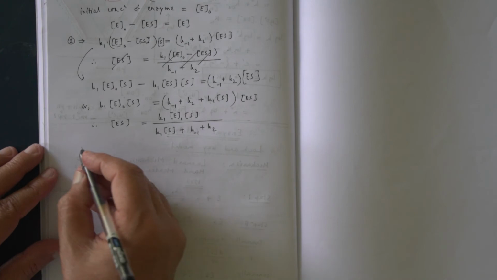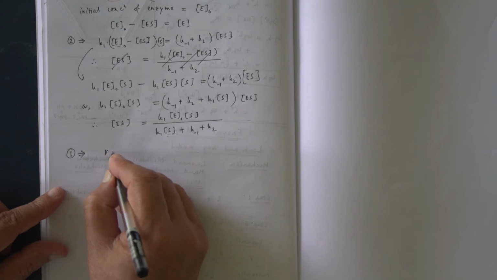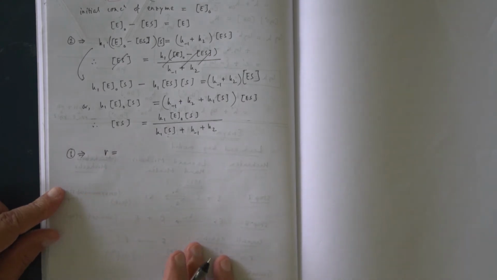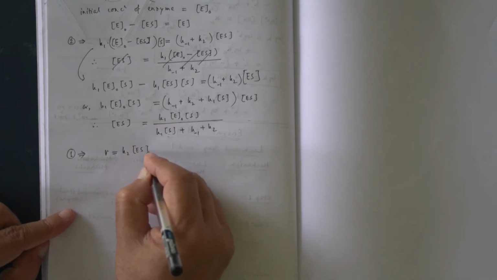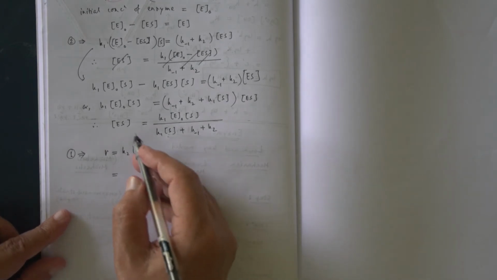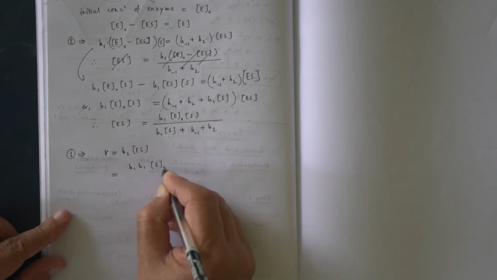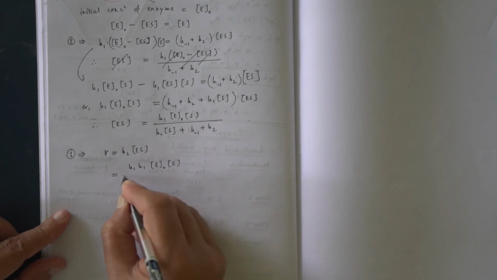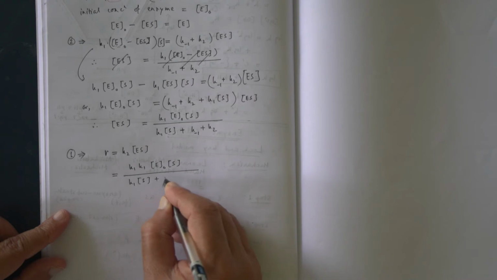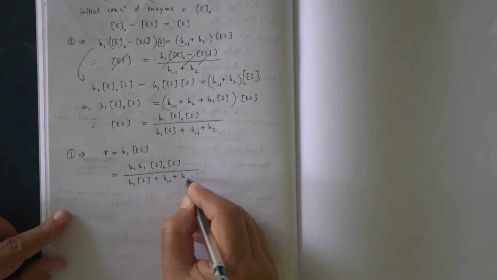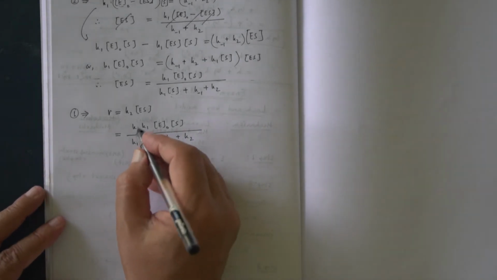So hence from equation 1, what will be the rate of the reaction? That is equal to k2 ES, and that will be equal to k2 k1 E naught S divided by (k1 S plus k minus 1 plus k2).